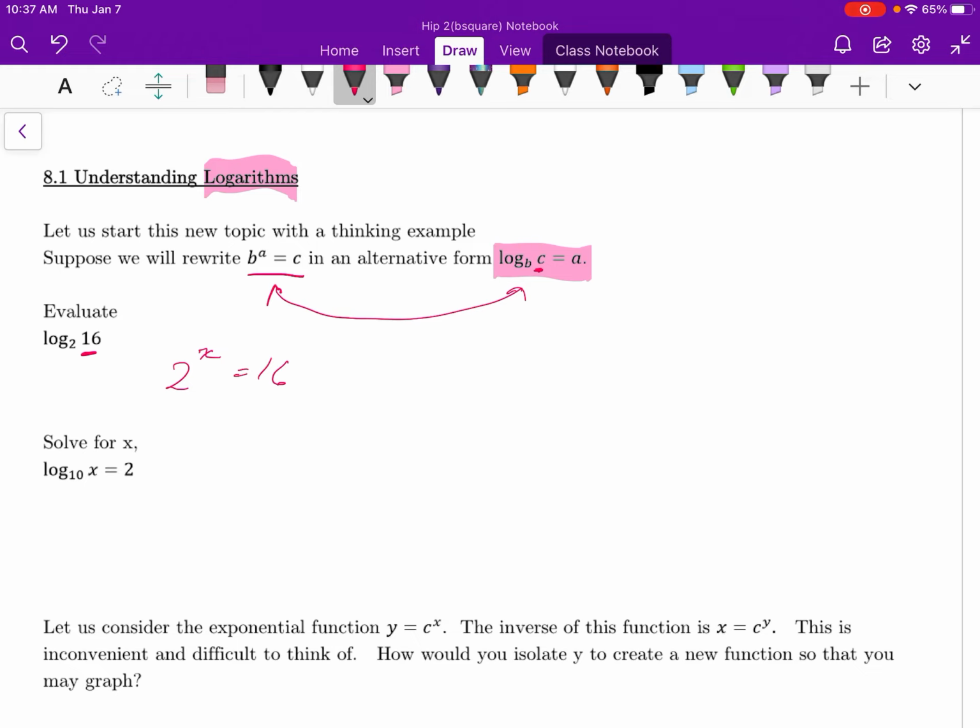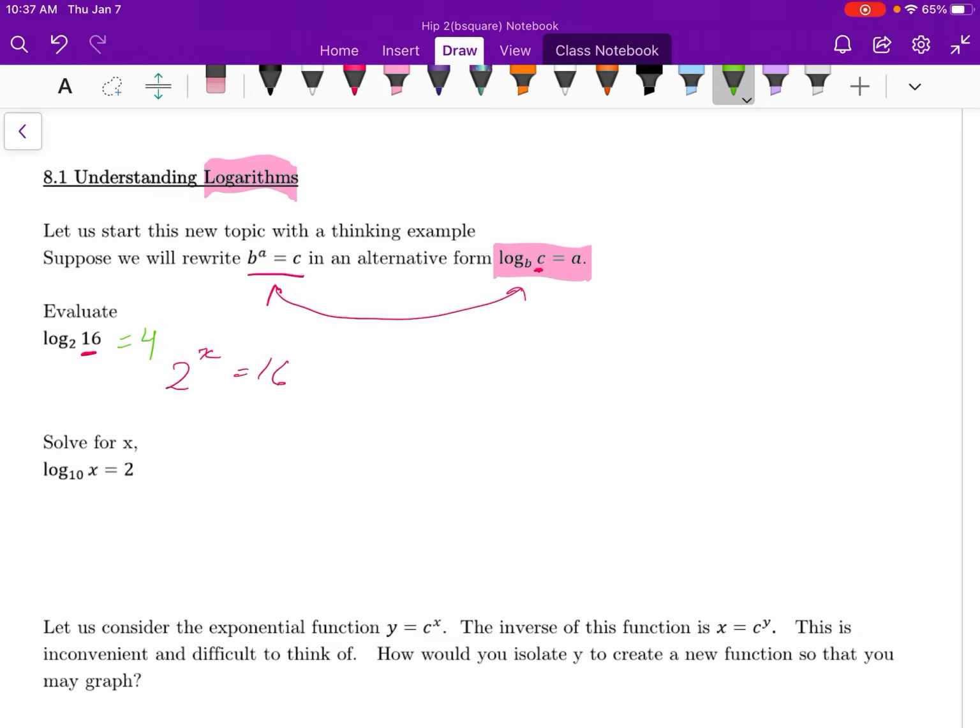So log base 2 of 16 is equal to x. This is really just asking you, 2 to the power of what is equal to 16? And that's 4.